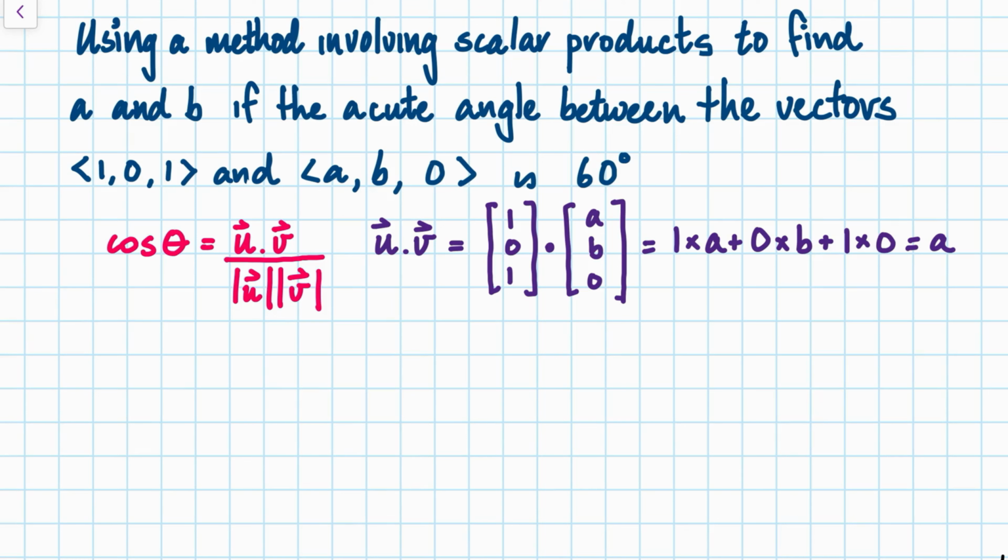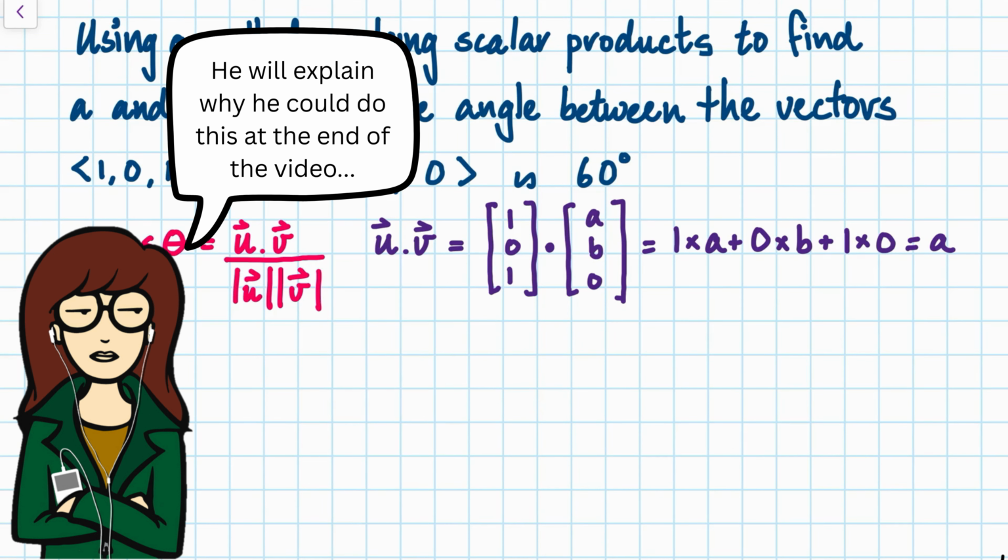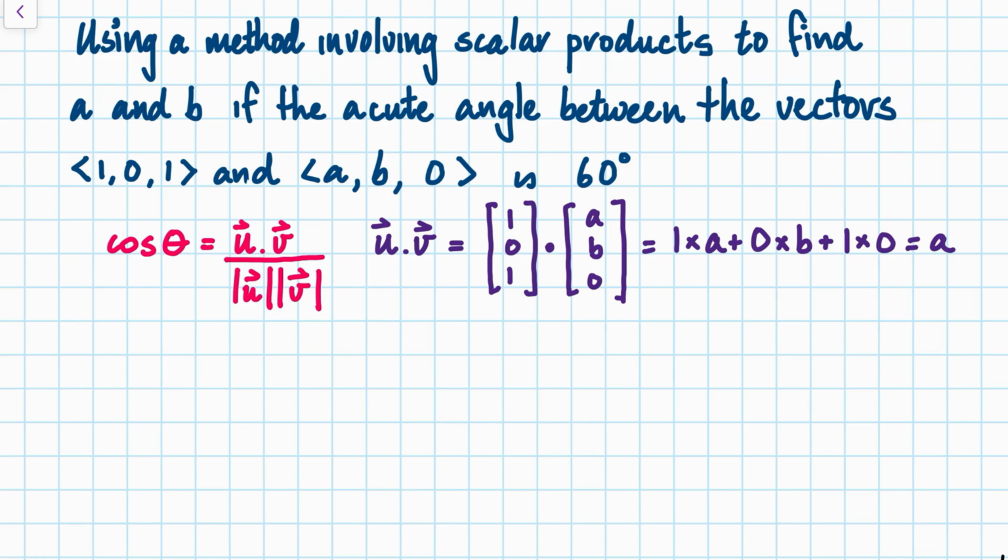Now, I'm also going to work out the magnitude of both of these vectors. One of the tricks to this particular question is I'm going to let the vector (a, b, 0) be a unit vector. The reason I'm making it a unit vector is because it'll introduce another equation which I can then use simultaneously to solve for both a and b.